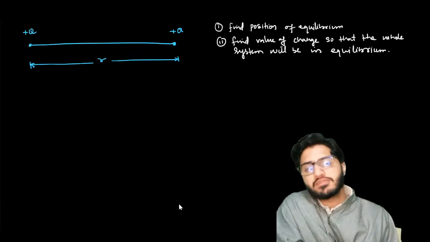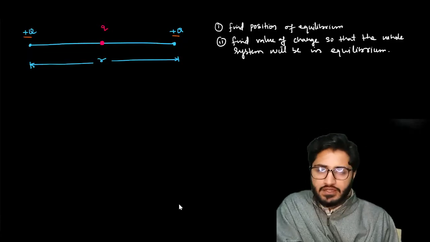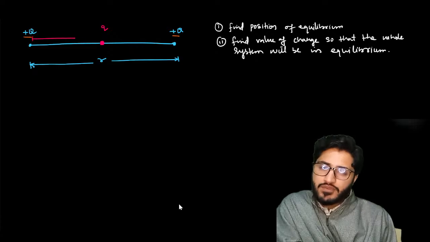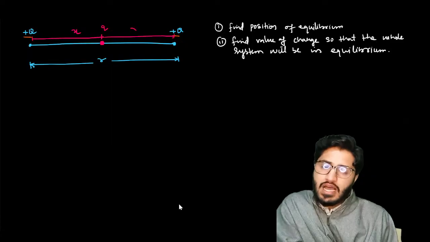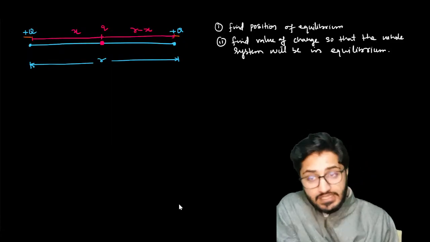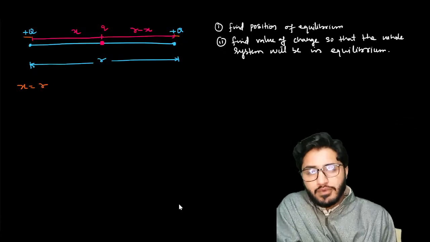Suppose I am taking, sir, both charges are positive, so equilibrium will be in between somewhere. Now I will write here. My Q is here. So this would be my X from this particular side, and this would be R minus X. And we just now concluded that my X will be equal to R by 2.